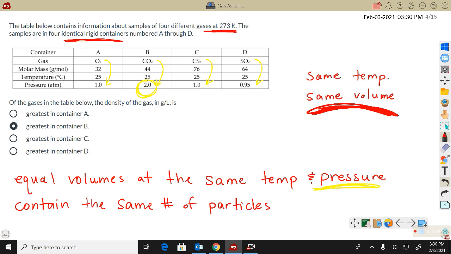But whatever number of particles was present, there were twice as many of gas B, and that's what caused double the pressure. And so I just have to multiply that mass by 2. So gas B would have had the greatest density, the most mass, and they're all the same volume. What a tricky little question there, huh?